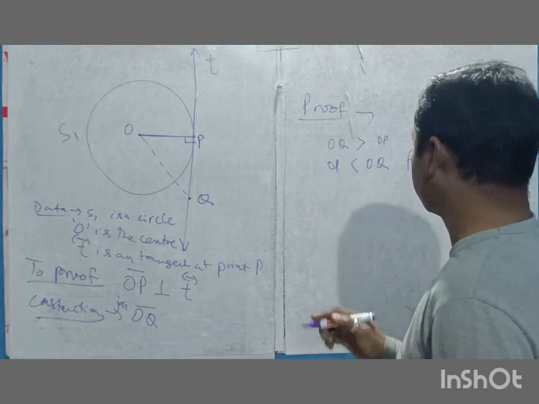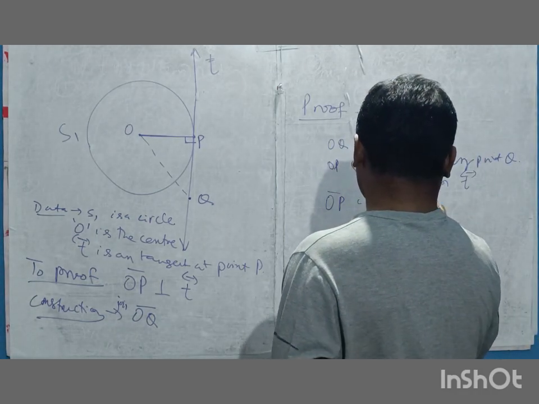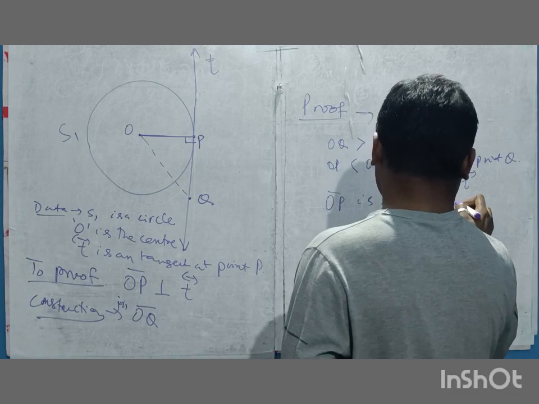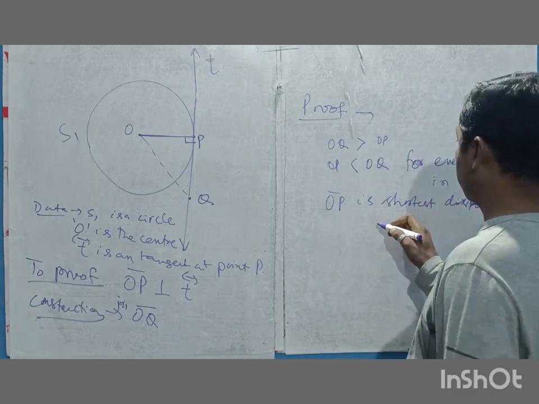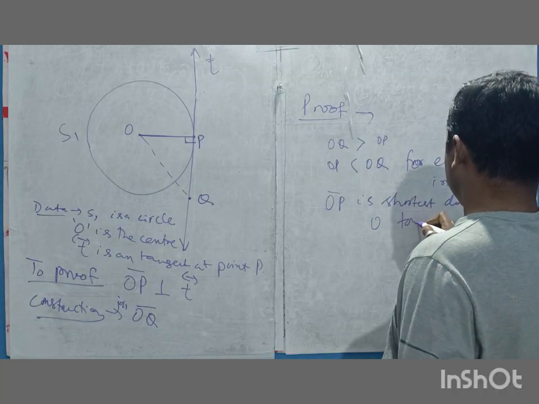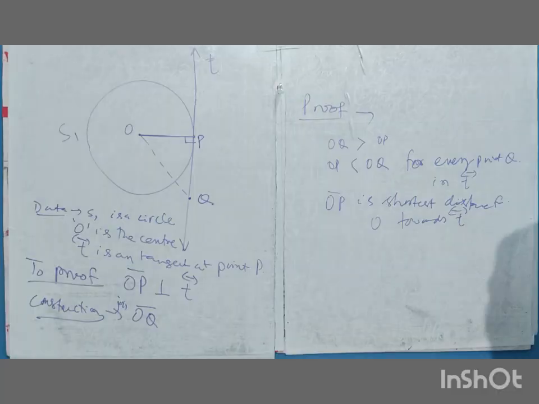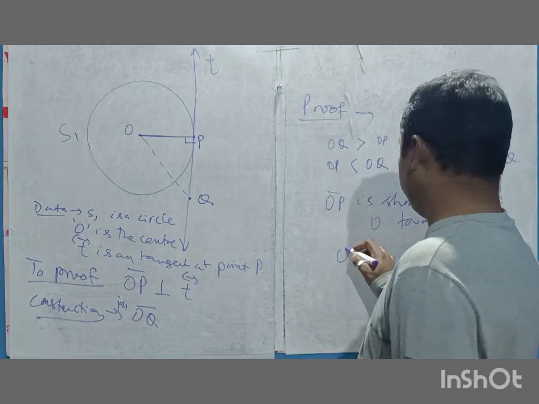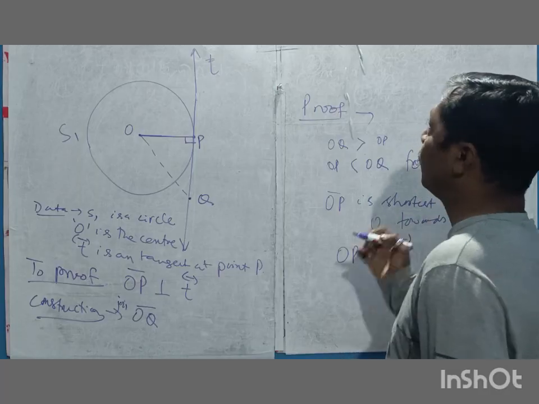So OP is the shortest distance from O to T. So OP is perpendicular to T. This is the proof.